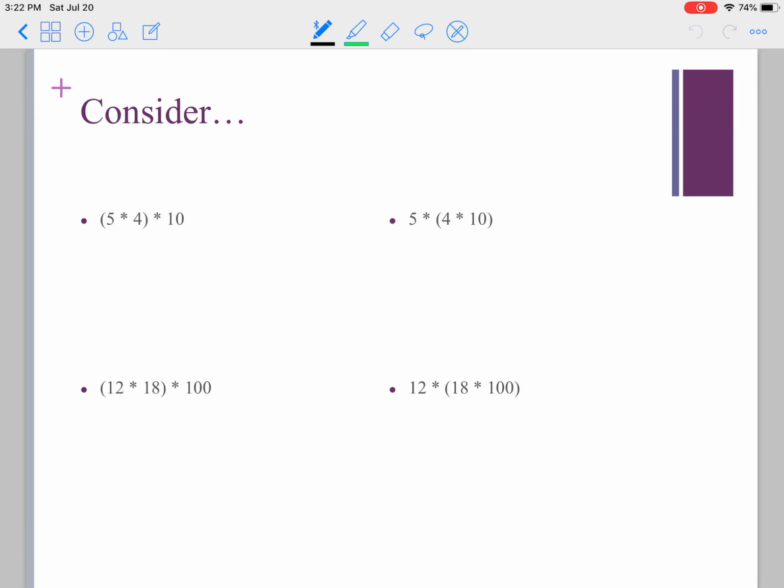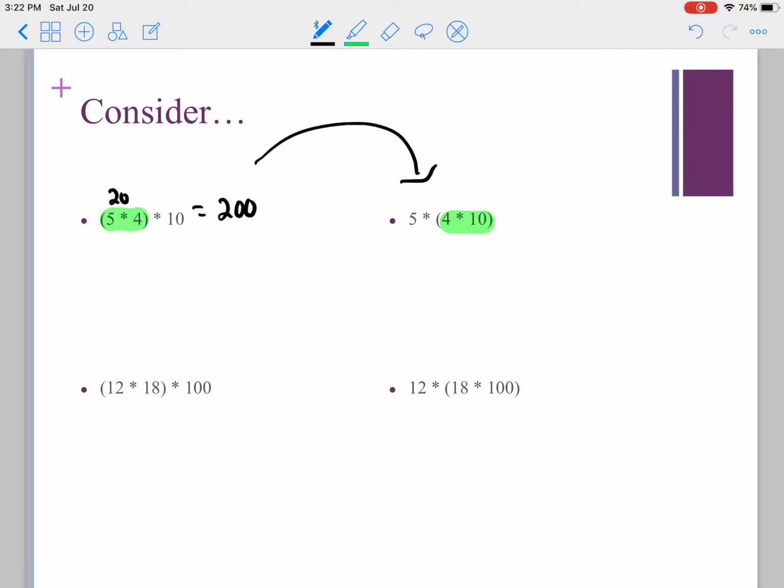Consider, secondly, these sets of expressions. They may have some similarity to what we may have done with the property of addition, but using the order of operations, if we have 5 times 4, 5 times 4 is 20. 20 times 10 is equal to 200.